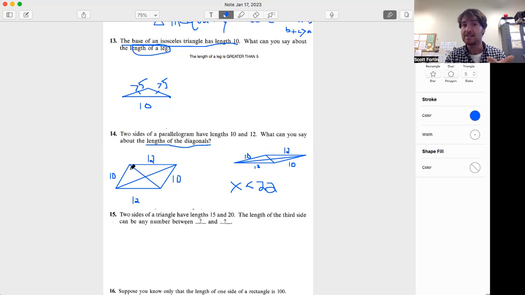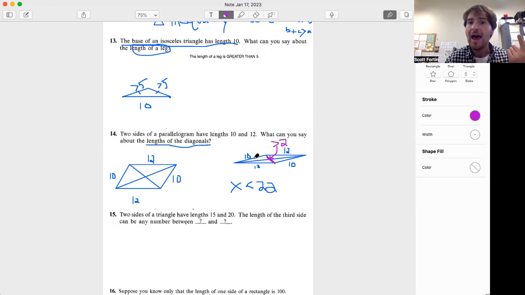So this side here is shorter than 12 at least, okay? If it's shorter than the 12, it actually needs to have a minimum length for this situation to make sense. If I'm smaller than the 12, what does this need to be here? Yes, it needs to be at least 2. Right here, why does it need to be at least 2? It needs to be greater than 2.